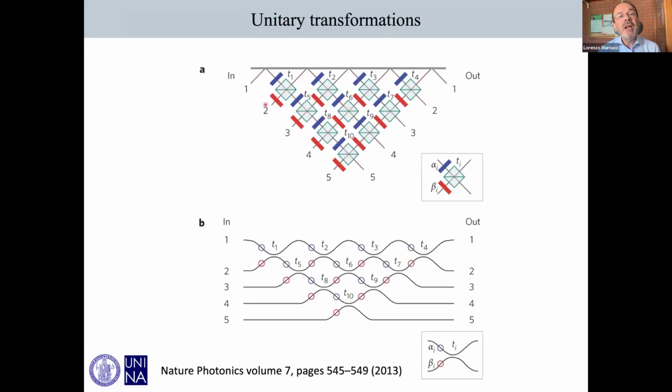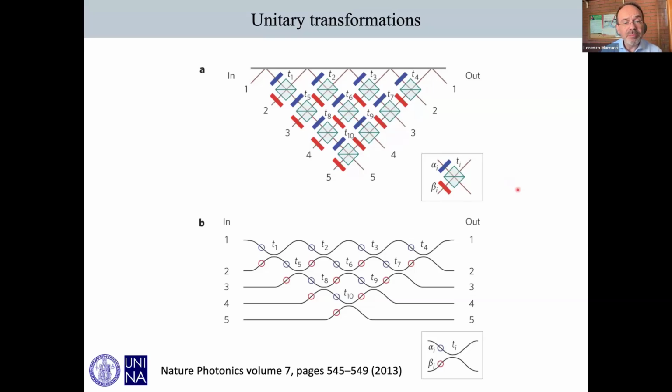This image up here shows the same concept. Each beam splitter is coupled with a phase shifter from one side and another phase shifter from the other input port. And then this defines a set of parameters by which you can control your unitary transformation so as to have an arbitrary unitary transformation.